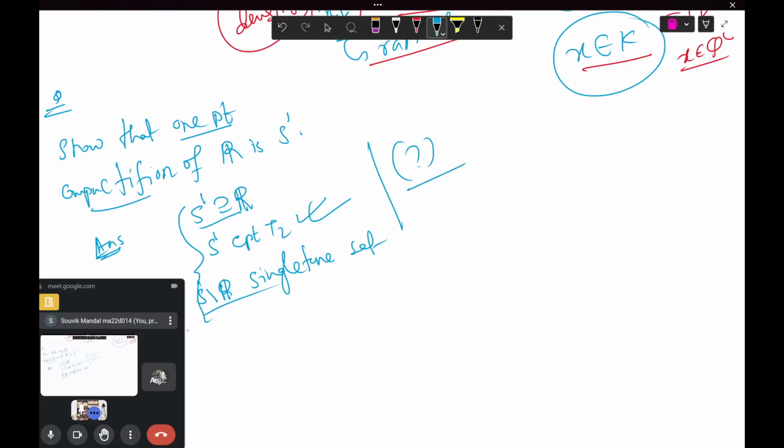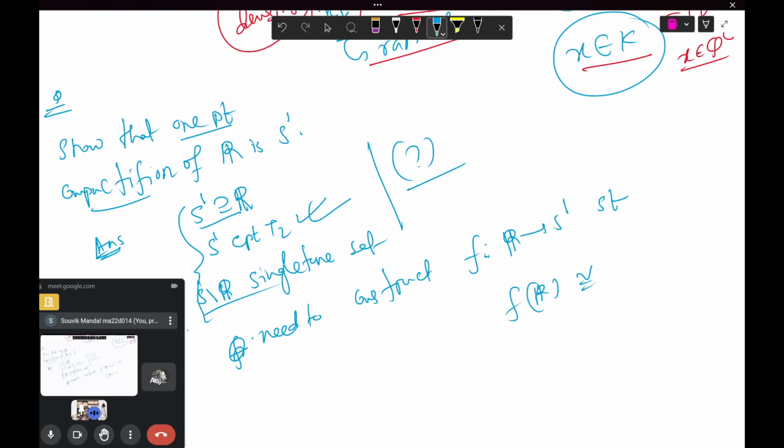We need to construct a function f from R to S1 such that R is homeomorphic to f(R), and the following condition holds: S1 contains f(R) and S1 minus f(R) is a single point set.